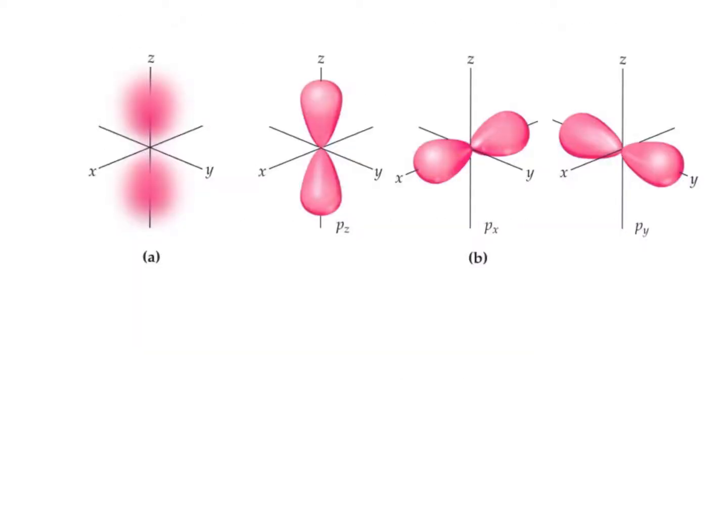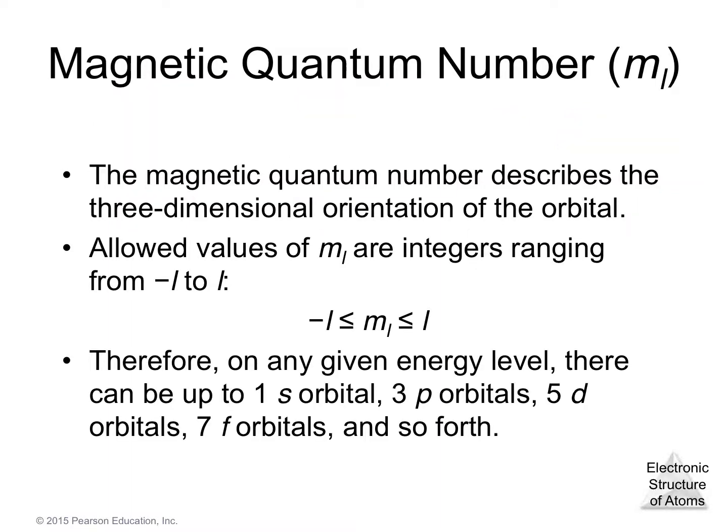Recall that earlier I said that a p orbital can be along the x-axis, the y-axis, or the z-axis. So there's 3 different orientations where a p orbital can be found. There is a quantum number that describes the orientation of the orbital. This is called the magnetic quantum number. We use the symbol m with the subscript L to represent that.